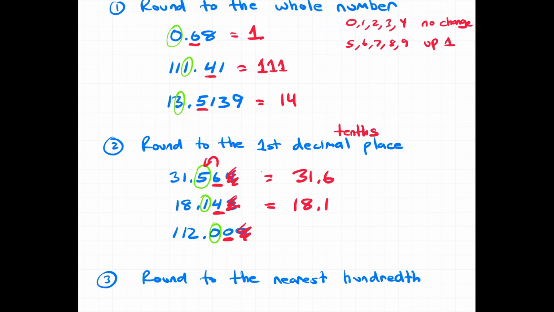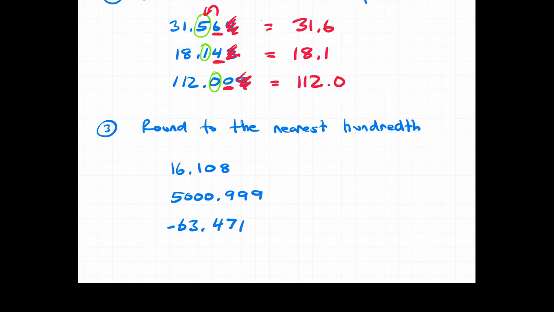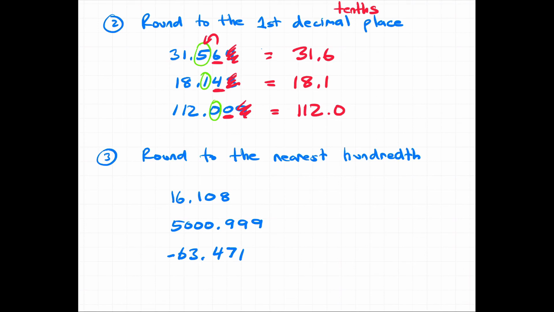And in the last one, we have 112.00. So in this case, it's not going to go up again because 0 tells me there's no change. So the answer is going to be 112.0. Okay, and let's move to the last 3 examples of this lesson.